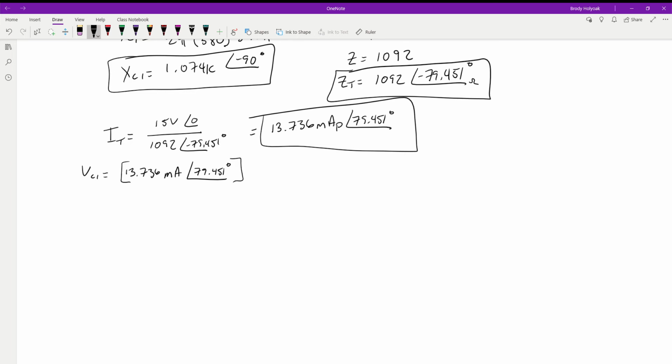And that is multiplied by its reactance, which is 1074 at negative 90. Voltage of capacitor 1 is equal to 14.753 volts peak at an angle of negative 10.549 degrees.